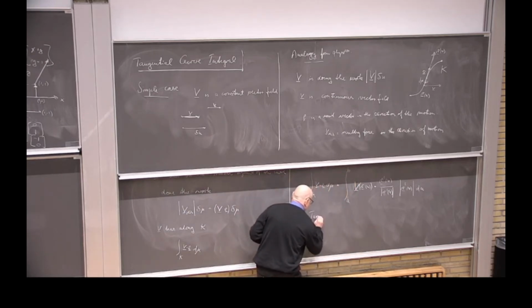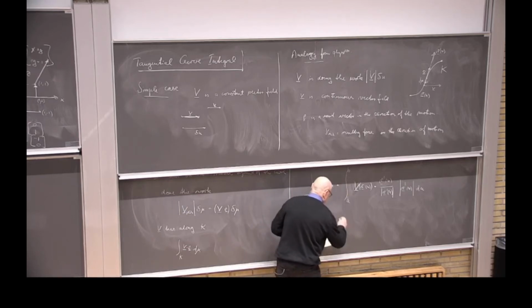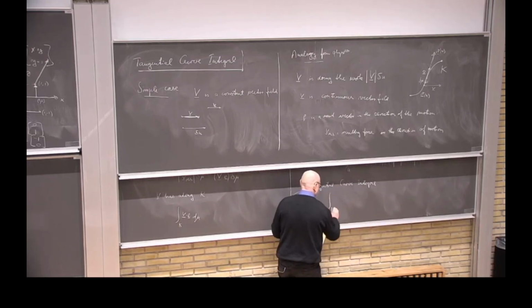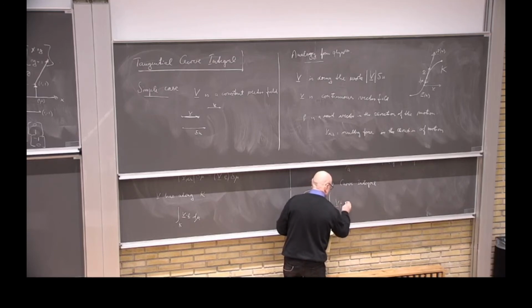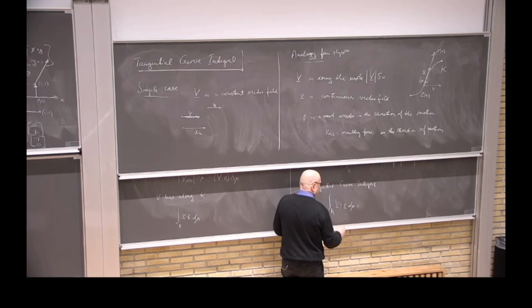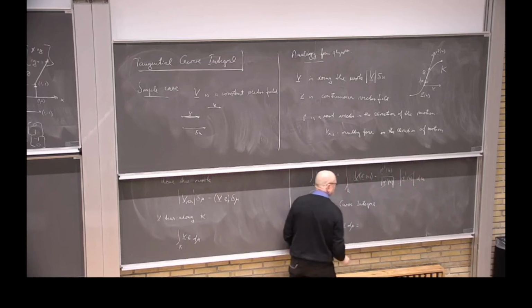So we arrive at this tangential curve integral. And we have our vector function times this unit vector, and then this differential here. And you see this cancels with this one.